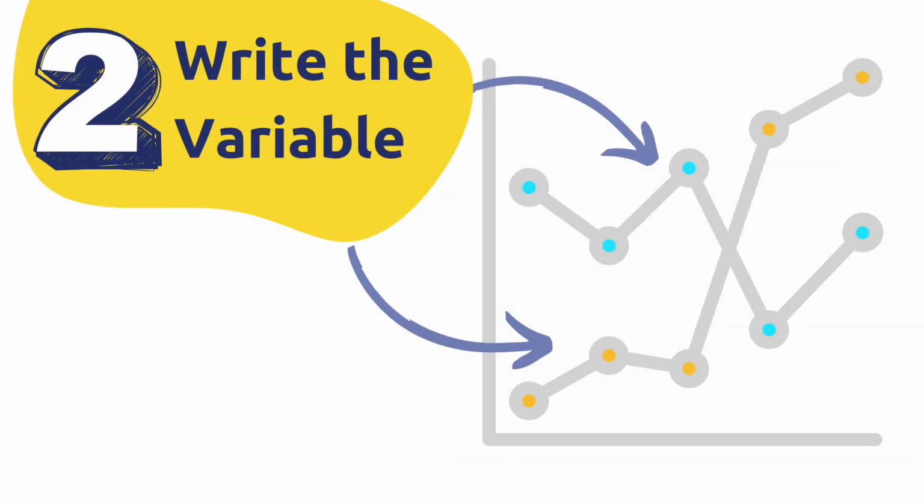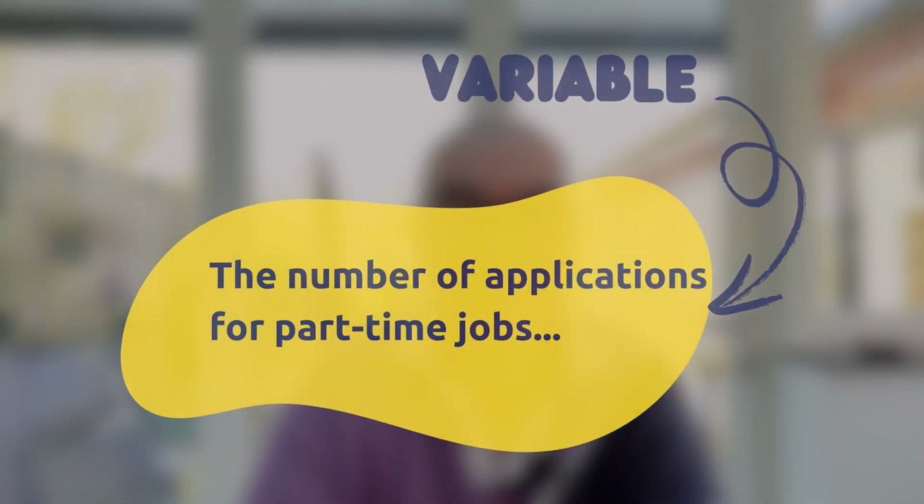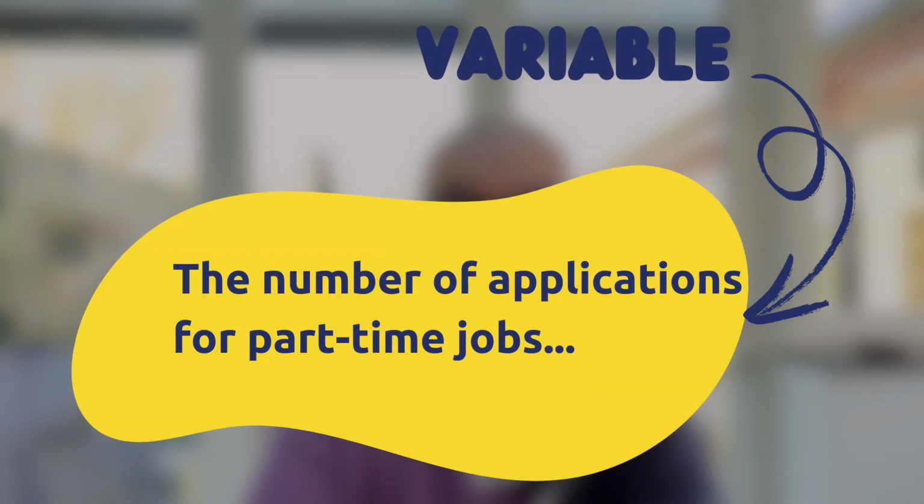Now, micro skill number 2 is the variable. By variable, I'm talking about the kind of category of the chart that you are explaining. Just remember the example I just talked about, and the variable in that example is the number of applications for part-time jobs. It's really important that you can write the variable out really well.